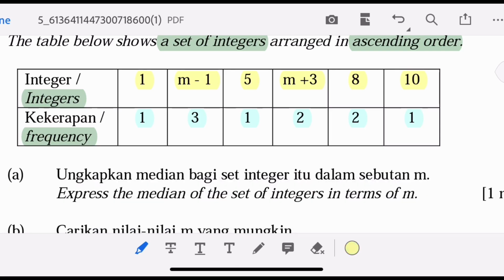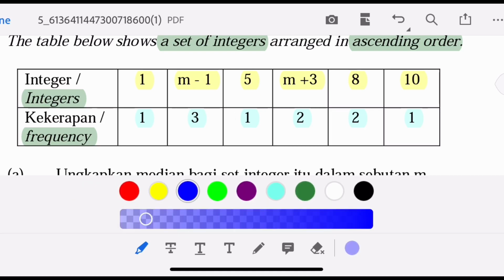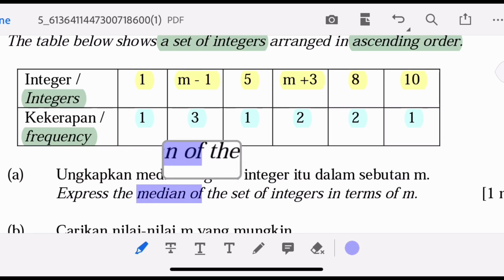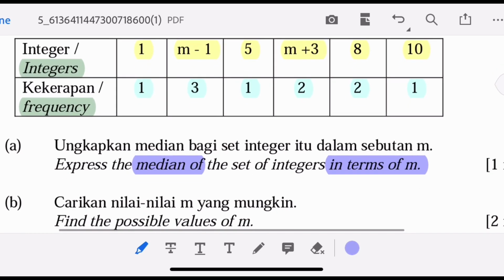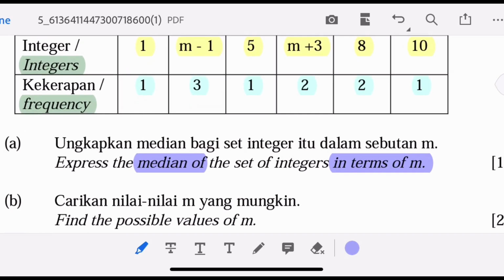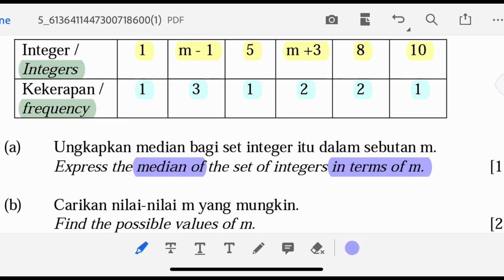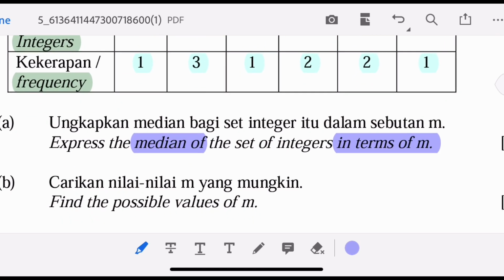The question says express the median of the set of integers in terms of m. It looks like a hot question because you need to apply it to the unknown. So let's see how we apply.